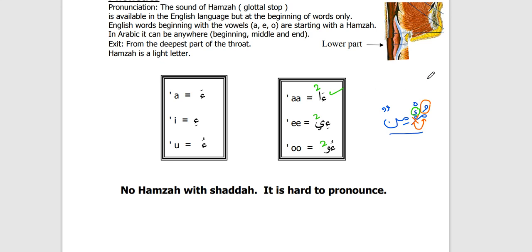In Usmani script, you will see hamza, alif, mim, and nun. Amana. That's how you pronounce amana. That means I have to prolong the sound of hamza. Amana. And the same with e and oo. So that's how you pronounce hamza with the long vowel.